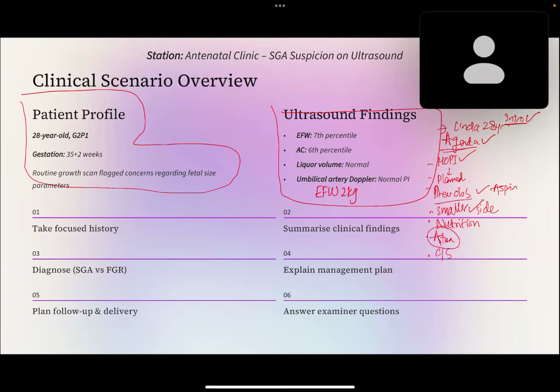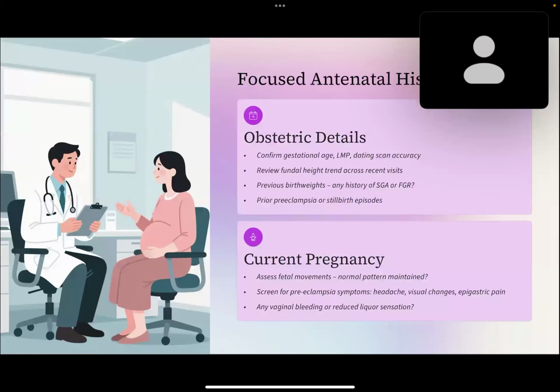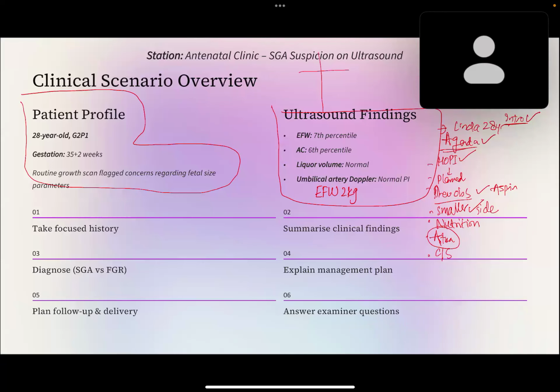Okay. And how is everything at home? It's fine. Okay. You have good support, good help with you at home? Yes, doctor. Okay, perfect. And is there any family history of having small babies? I think you mentioned recently that it's in your family. Yes, doctor. Okay.